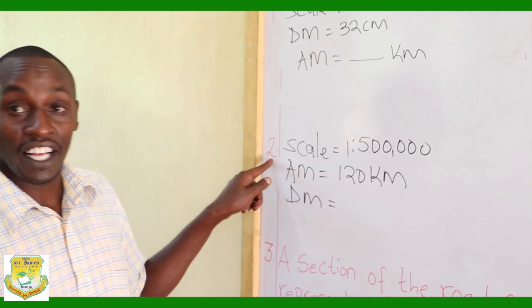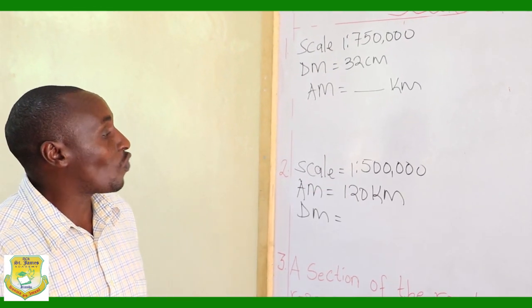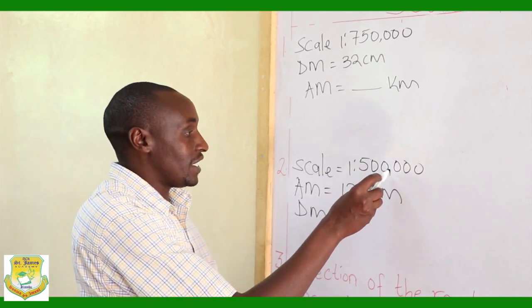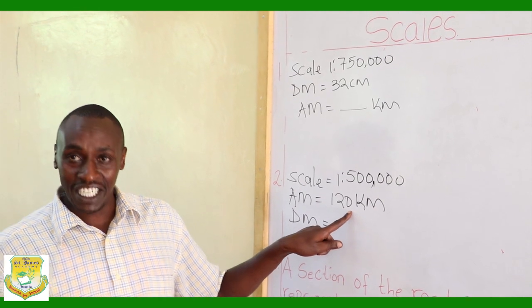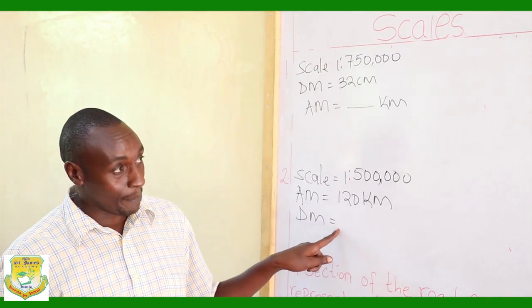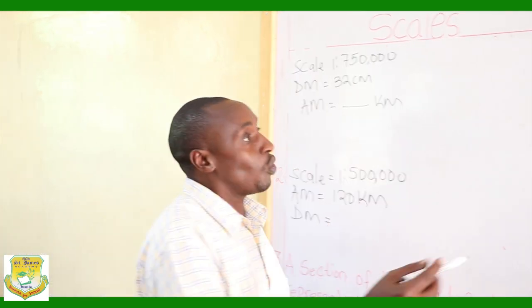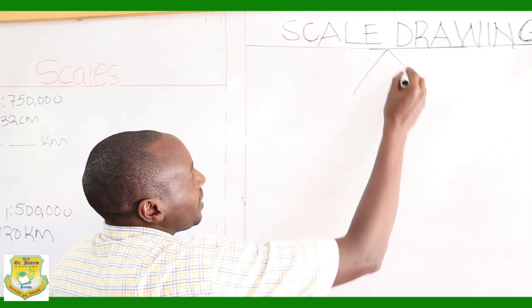Our next question, number 2. We are given the scale 1 is to 500,000. That is the scale. We are given the actual measurement, 120 kilometers. The question asks for the drawing measurement. As we know, we can use a triangle to guide us.